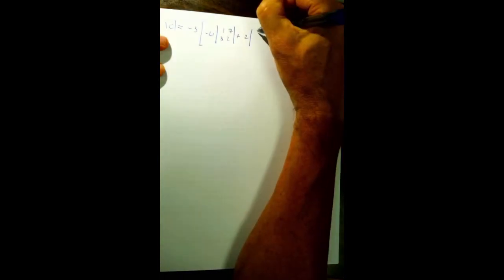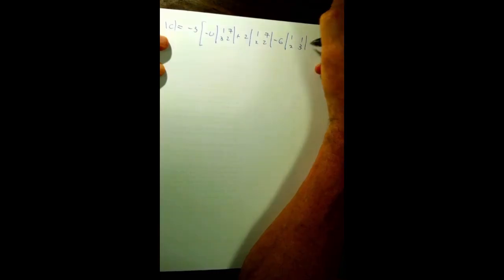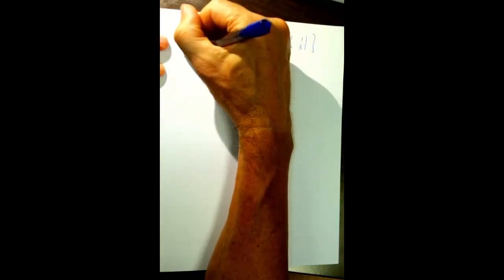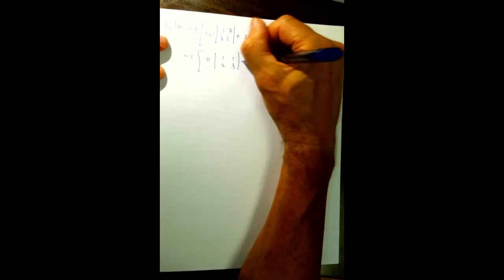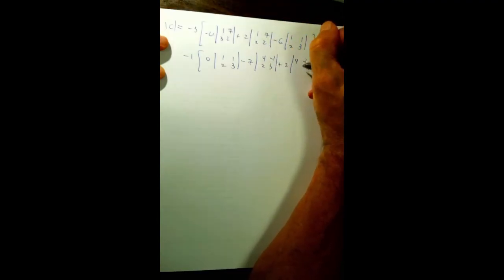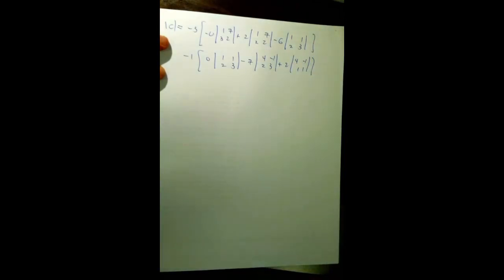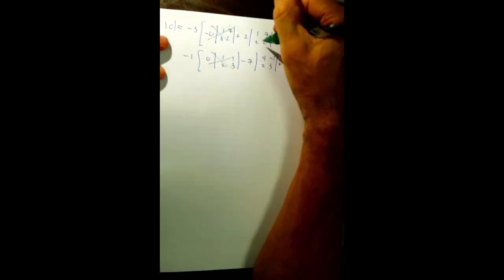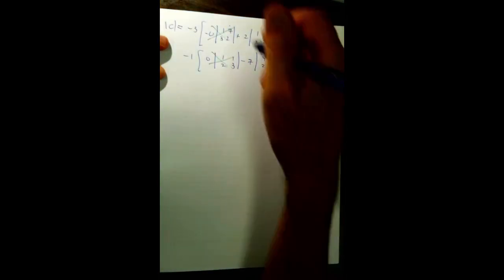Plus 2 times the determinant of 1, 7, 2, 2, minus 6 times the determinant of 1, 1, 2, 3, minus 1 times the determinant of 0, 1, 1, 2, 3, minus 7 times the determinant of 4, minus 1, 2, 3, plus 2 times the determinant of 4, minus 1, 1, 1. So that doesn't matter. It's got zeros. That doesn't matter. It's got zeros. These, I can now just use the definition for determinant of 2 by 2.